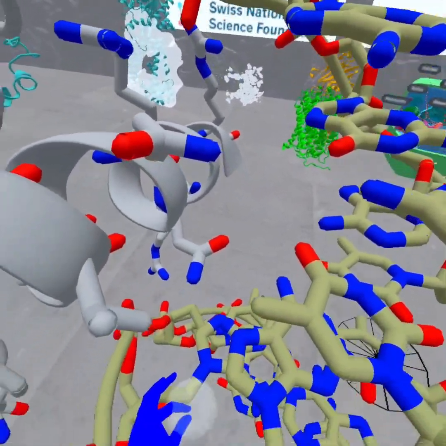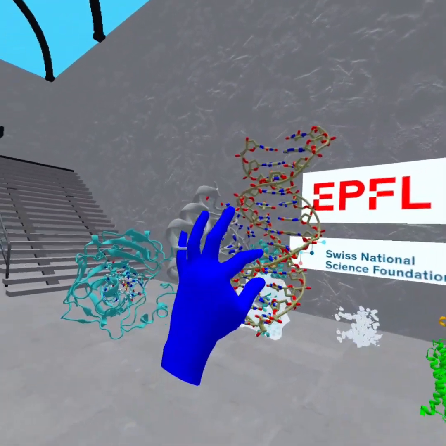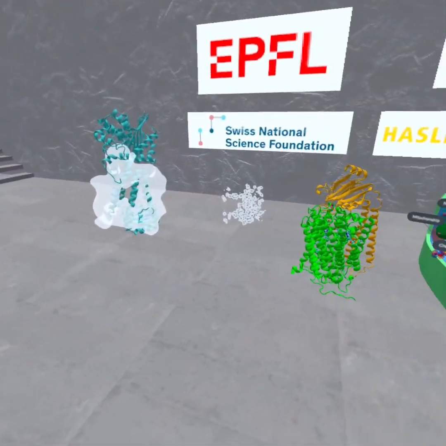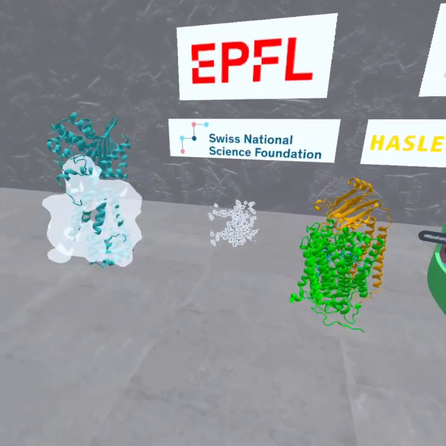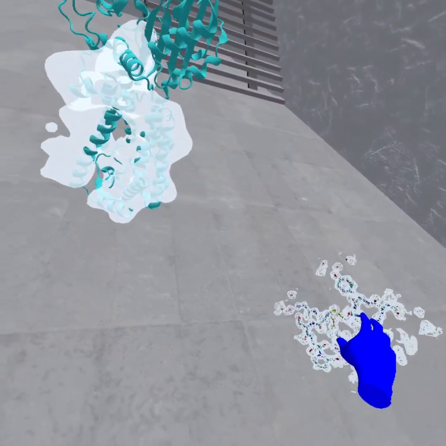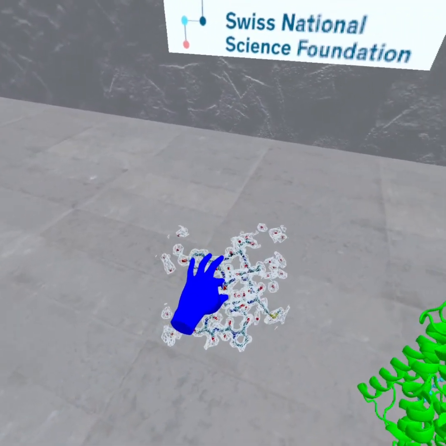Okay, so now this again is an actual X-ray structure determined through a technique that is called X-ray diffraction. X-ray diffraction is one of the techniques that we can use in the lab to get to know the structures of proteins.